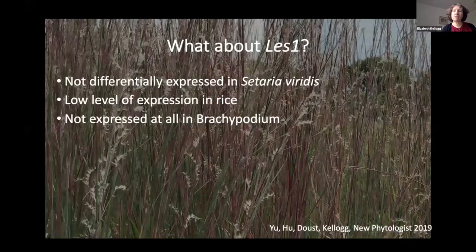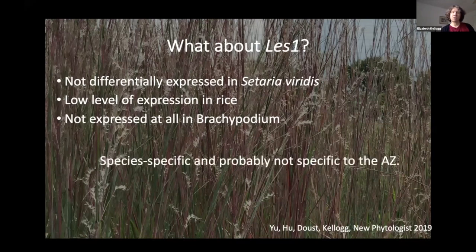You might be thinking, well, what happened to LES1? And the answer is it wasn't in this analysis at all because it was not differentially expressed in anything. Not in Setaria viridis, very low level of expression in rice, and not expressed at all in Brachypodium. So again, it's not only species specific, whatever it's doing is probably not specific to the abscission zone. And the effect on shattering may be a byproduct of something else.